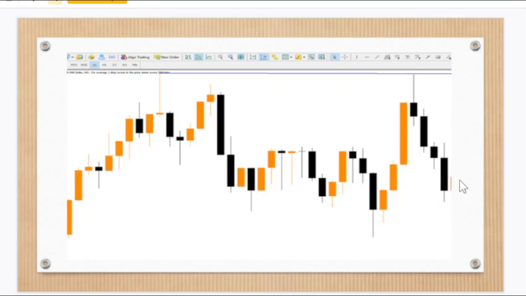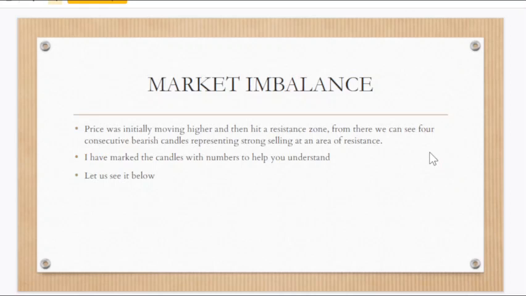You'll get the concept very soon. There will be an imbalance that will get filled. The moment the market comes back to fill that imbalance, we go with the market as it fills the imbalance. Price was initially moving higher and then hit a resistance zone.